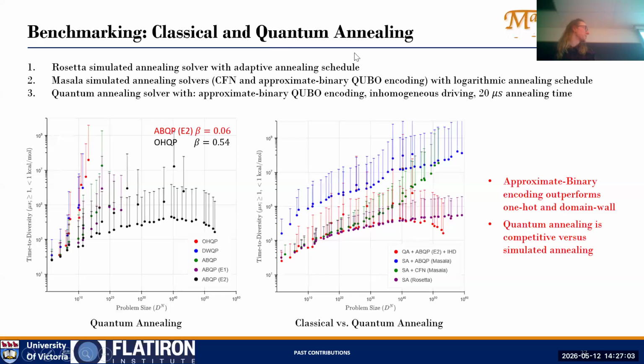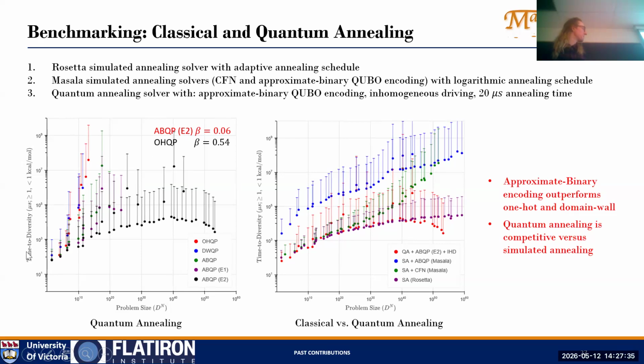This was developed specifically for protein design problems, taking into account their structure and chemical potentials. The other two were written in-house. One operates on cost function networks natively, the other operates on QUBOs, and it has a fixed, typically logarithmic or geometric annealing schedule. The quantum annealer we ran with inhomogeneous driving and 20 microsecond annealing times.